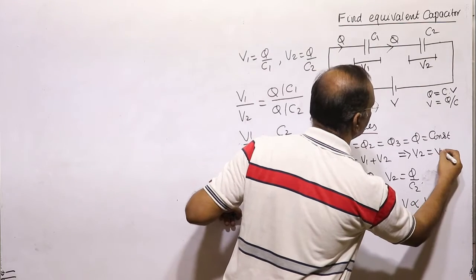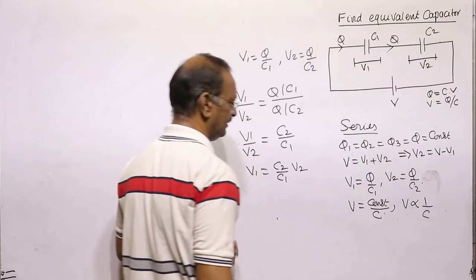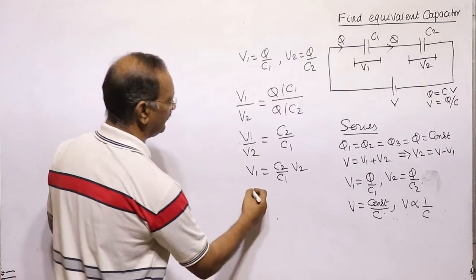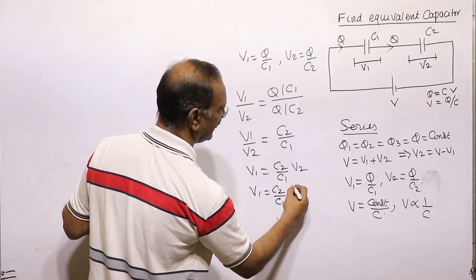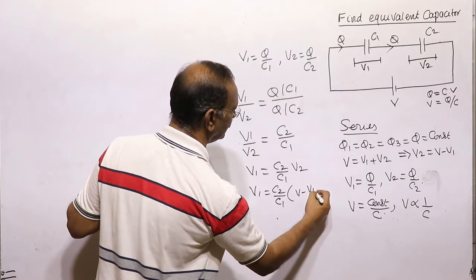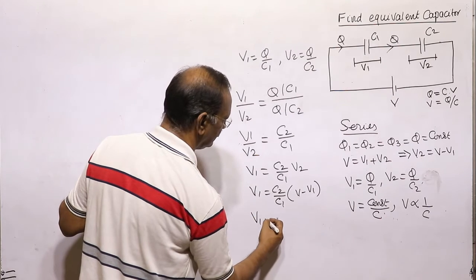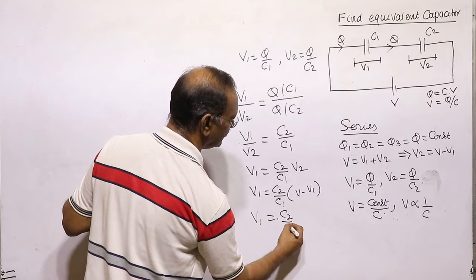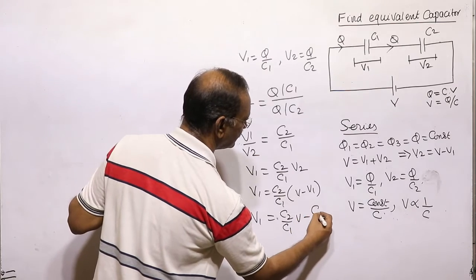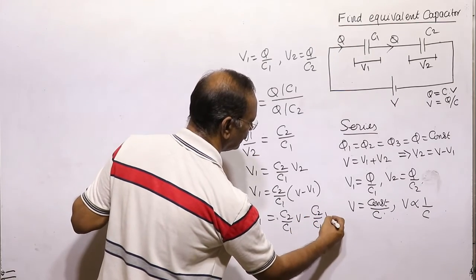From here we can write V2 is equal to V minus V1 for this particular circuit, so V1 is equal to C2 by C1 into V minus V1, or V1 is equal to C2 by C1 V minus C2 by C1 V1.